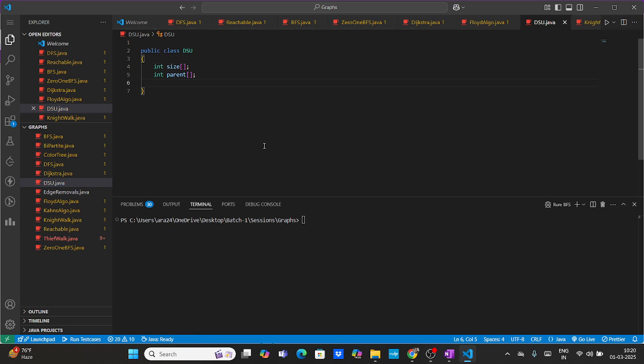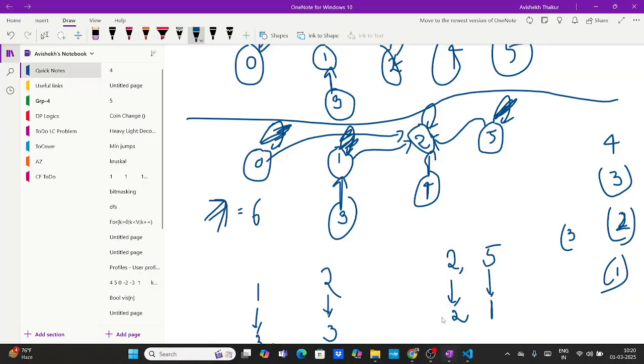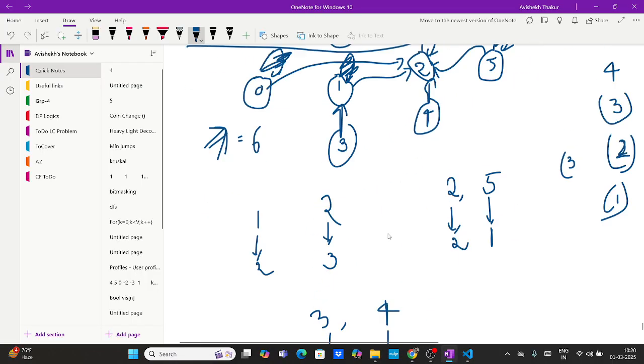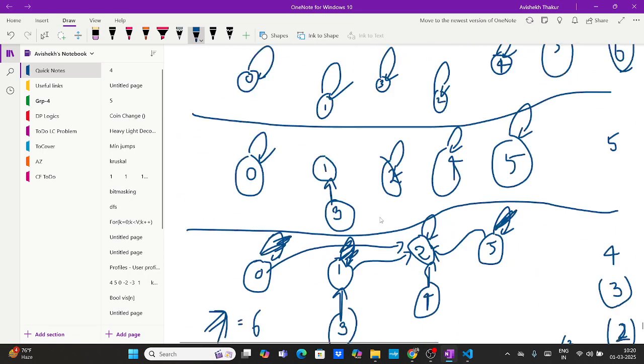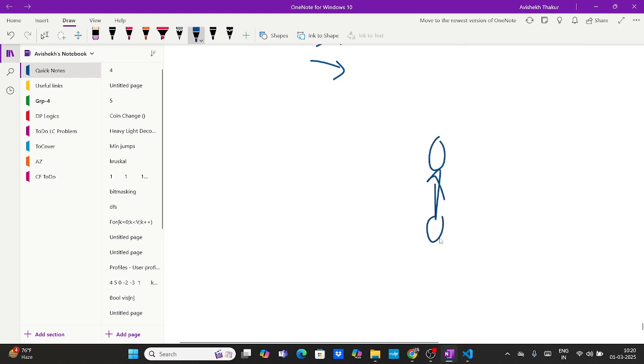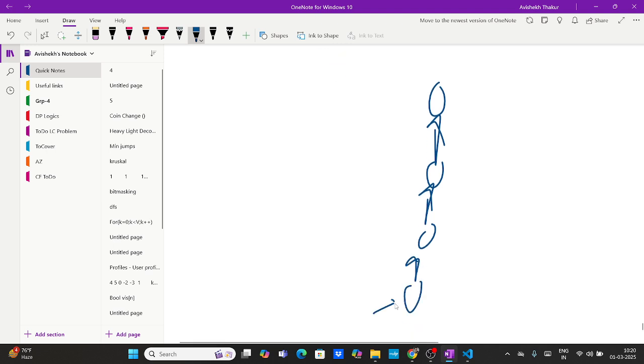Since we will be given n nodes, we will maintain that. Parent is nothing but the representative only, right? No, parent is not the representative. Parent is this: we saw some structure, where this one's parent is this.